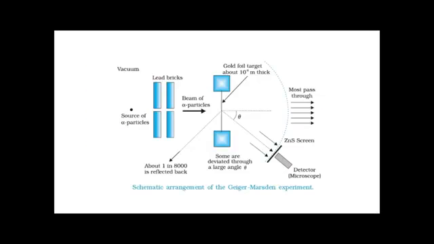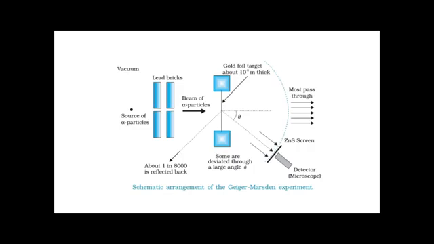This diagram represents the schematic arrangement of the Geiger-Marsden experiment. You can see from the diagram a fine beam of alpha particles is allowed to fall on a thin gold foil, and theta, the scattering angle, is measured.